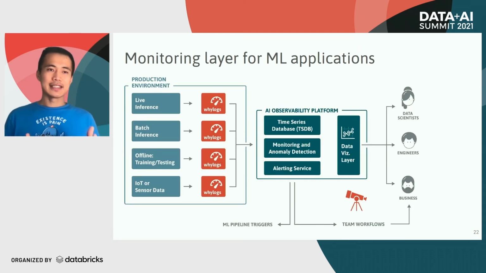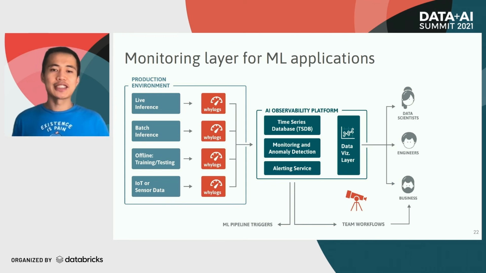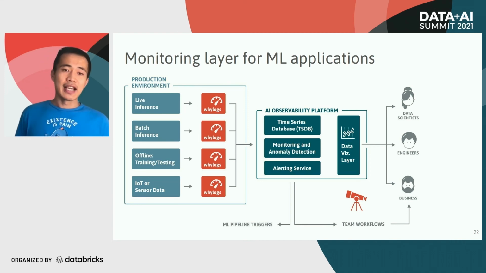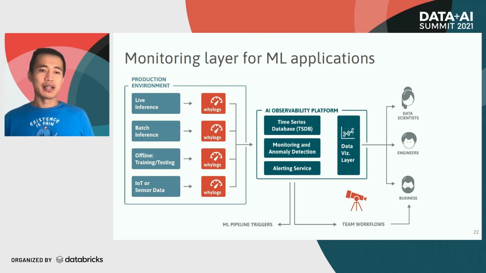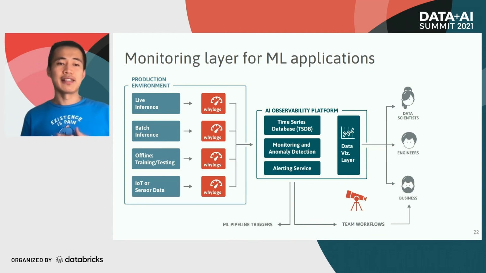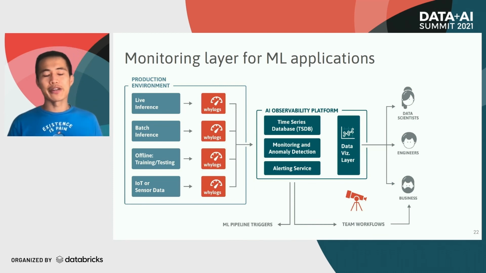And finally, this is a very high level architecture diagram of what the monitoring layer of an ML application looks like. Again, you start with machine learning telemetry data collection, and then you collect whylogs wherever you run your machine learning and your data pipeline.